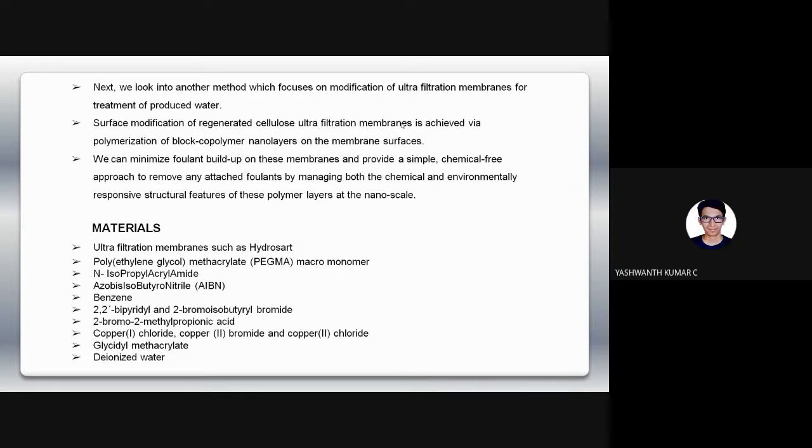Membranes are generally altered by grafting poly-N-isopropyl acrylamide, that is PNIPAAM in short, block oligoethylene glycol methacrylate (PPEGMA) nanolayers onto the surface. At 32 degrees Celsius, PNIPAM has a lower critical solution temperature.